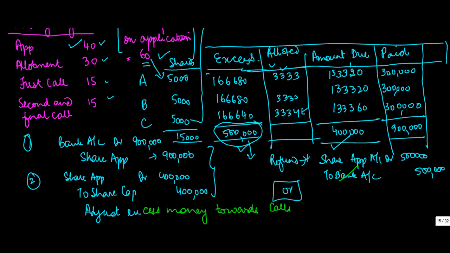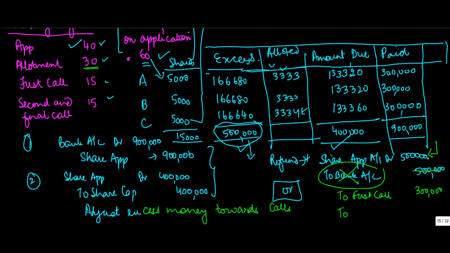So instead of crediting the bank account, you would proportionately see what is the amount of call on allotment. On allotment, you have 30,000 for 10,000 shares. So you can simply credit the allotment account. How much was that? 3 lakh. Now what do I see? I see that it is 5 lakh. So there is a further 2 lakh left.